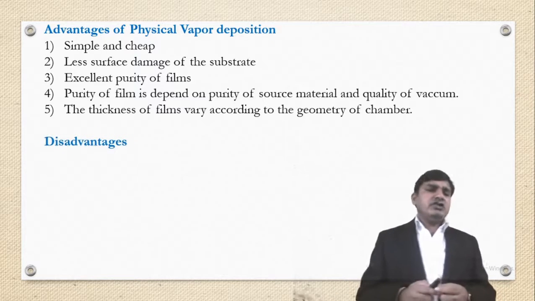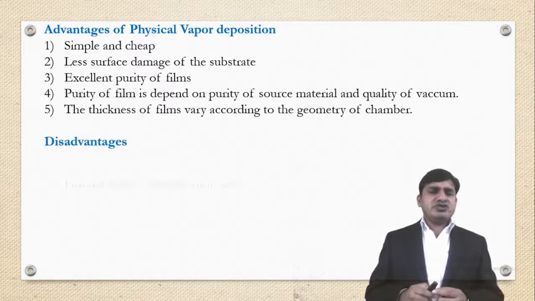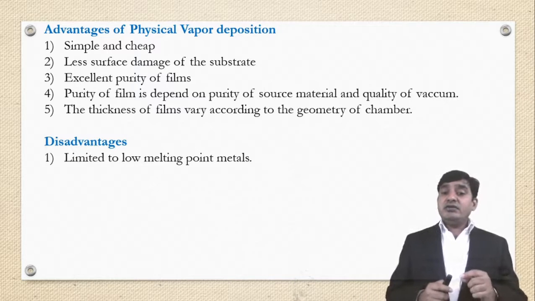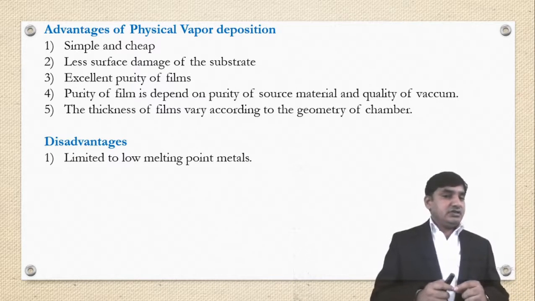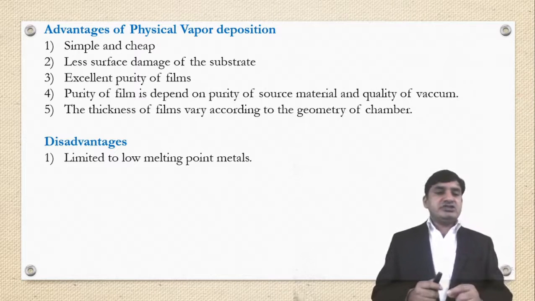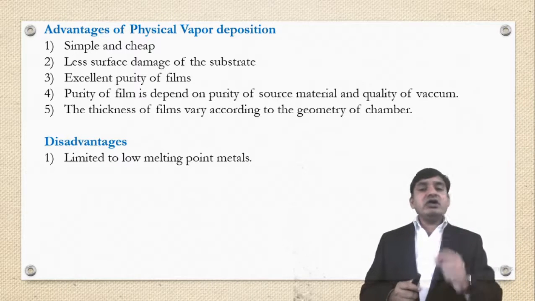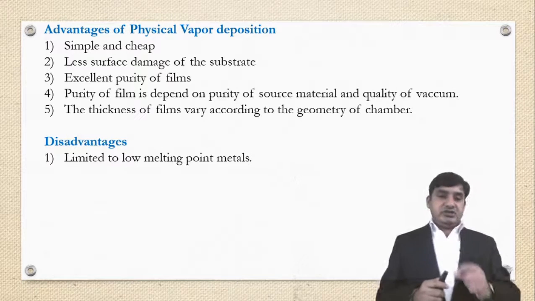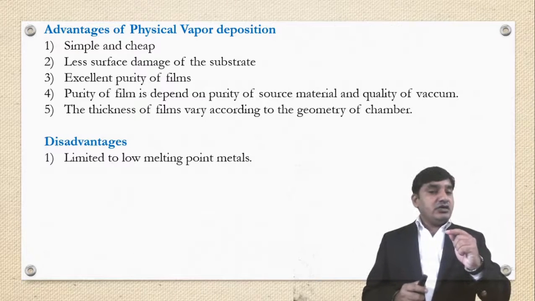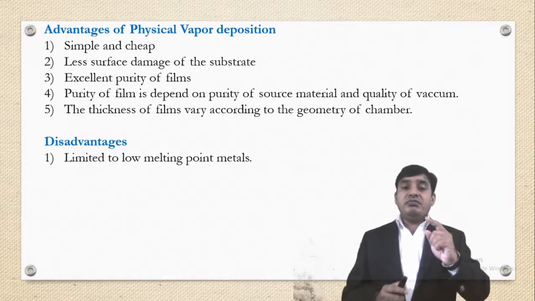Now there are some disadvantages of this physical vapor deposition technique. First is that it is limited to low melting point metals. Only the metals which melt at a particular temperature, we can prepare the thin films of that material.